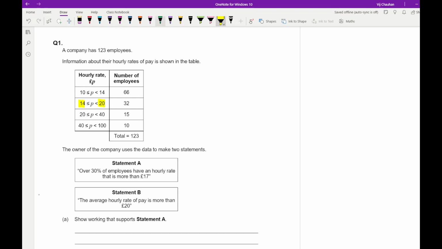So we'll assume half the frequency of that group is above 17, so here, 16. So here we've got 16 of those, we've got 15 of those, and we've got 10 of those. So more than £17 per hour is going to be 16 plus 15 plus 10, which gives me an answer of 41.